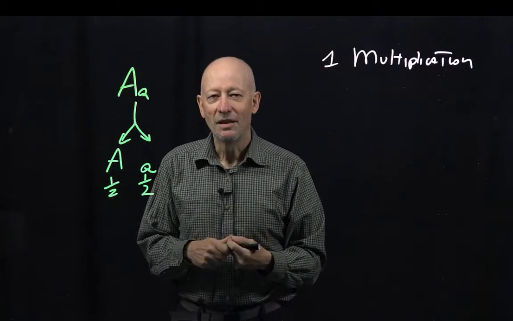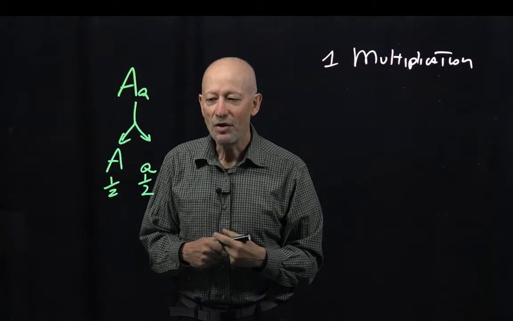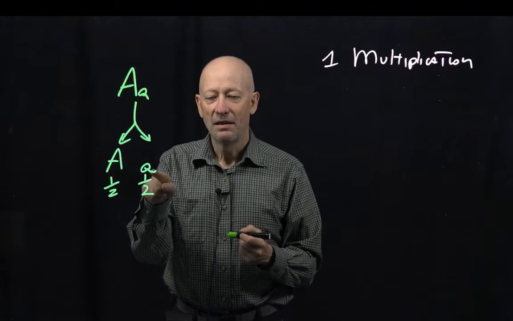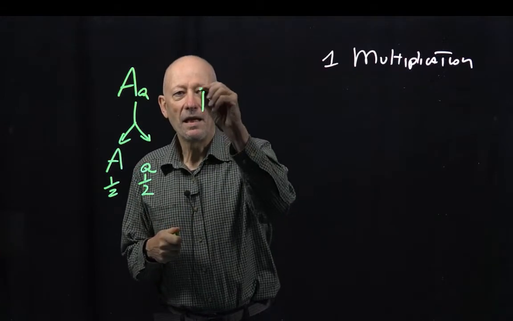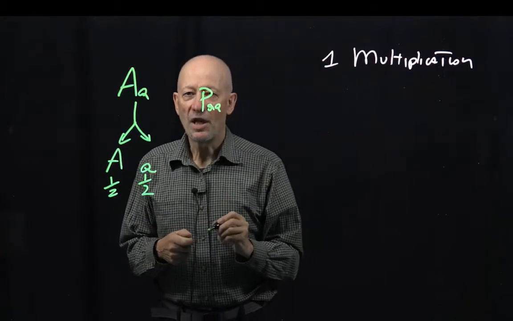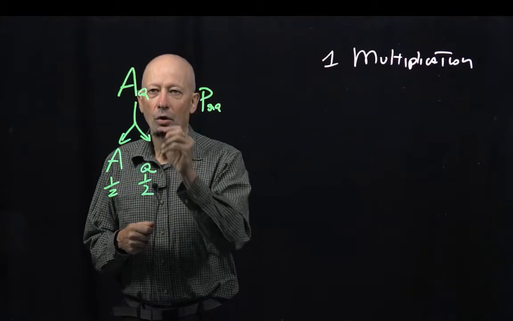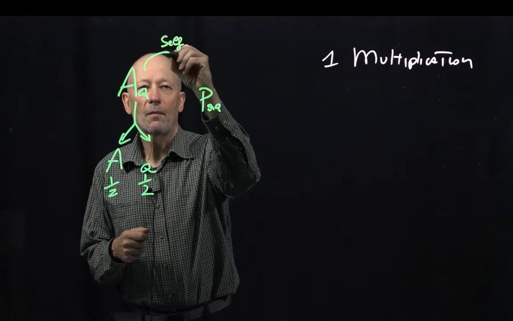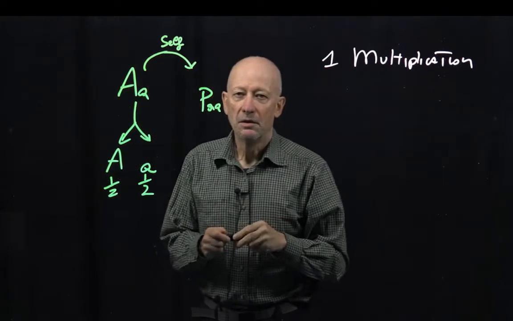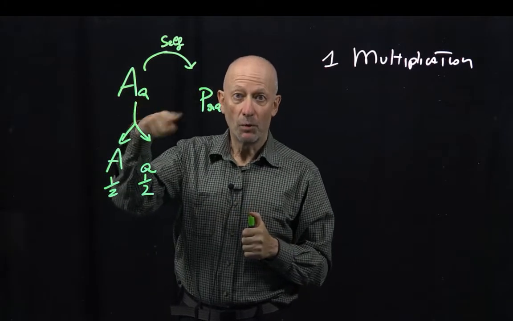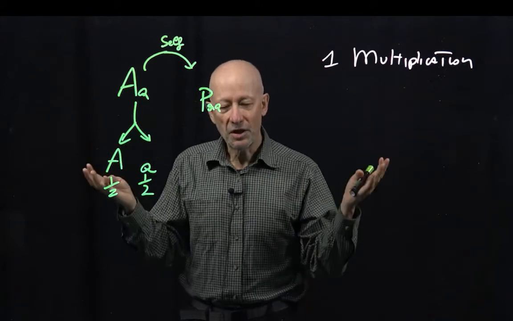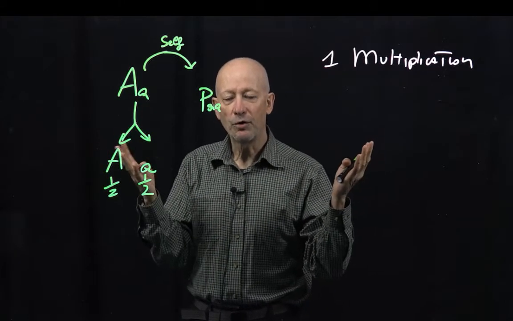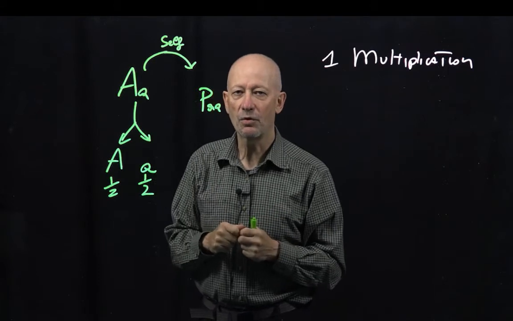If we consider the probability of getting an individual that has the little a genotype out of a selfing experiment, so we're fertilizing the flower of this individual with its own pollen. Alternatively, you can think of a cross where we have 2 individuals that have the same genotype.